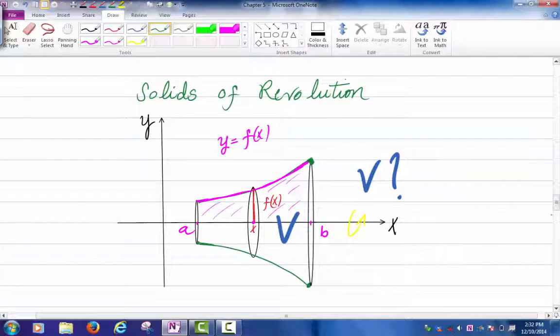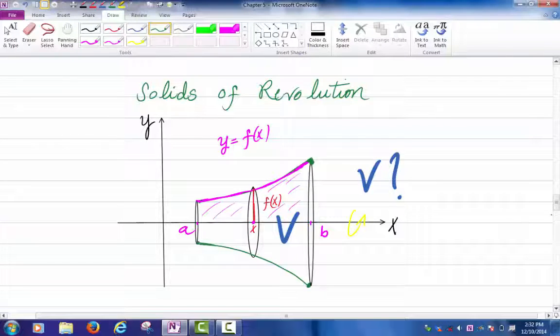Imagine that I have a continuous function f, and I have the graph of the function f over the interval from a to b. The graph of f is the magenta curve. Everybody's clear?